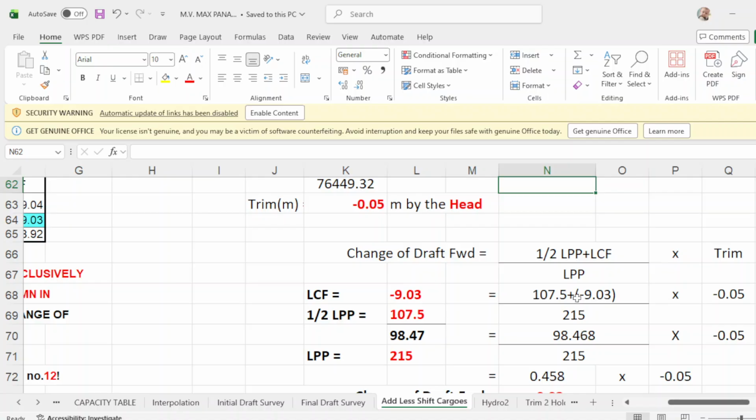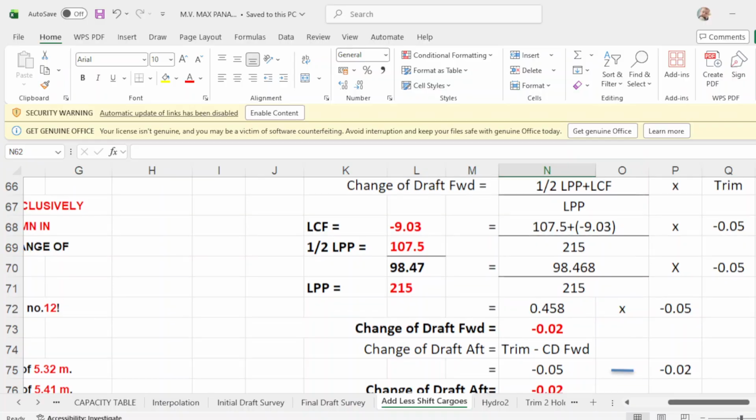Okay. Over your LPP is 215 here, 215. Divide this one, then the value will be 0.5458 times your trim of negative 0.05. And you multiply this one, then your change of drop forward is negative 0.02.